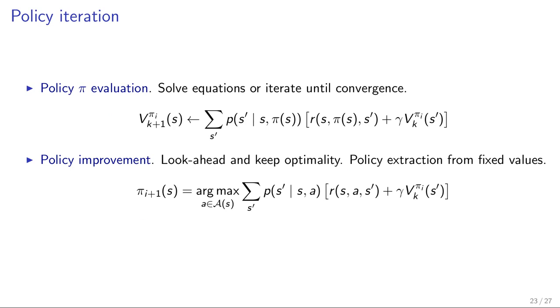The ply I+1 is the new policy, and I just see if I should change the arrows now that I have the updated values. So that's the policy improvement. That's basically the policy extraction from the values. So here, policy iteration means policy evaluation, and then policy extraction from the values that you got.